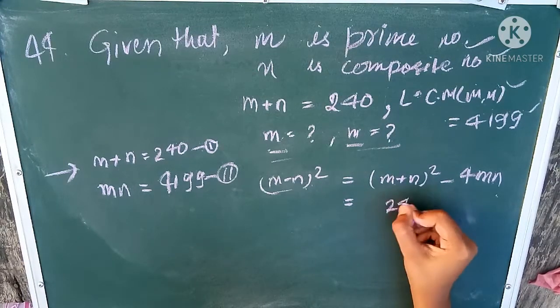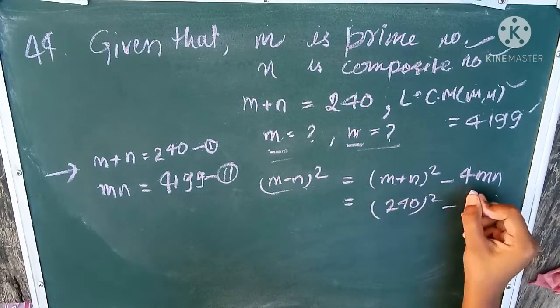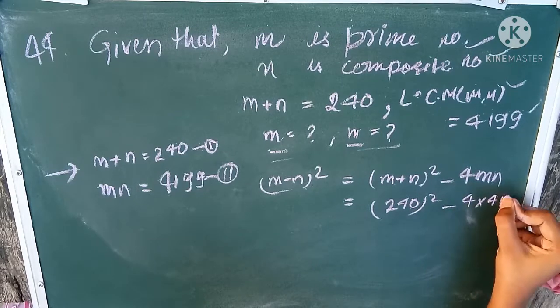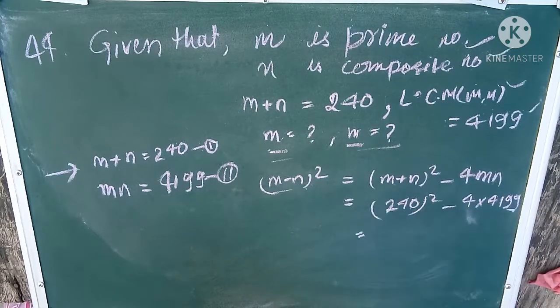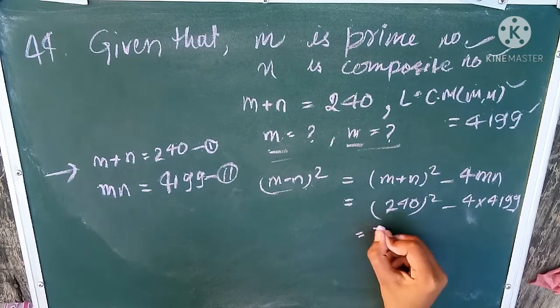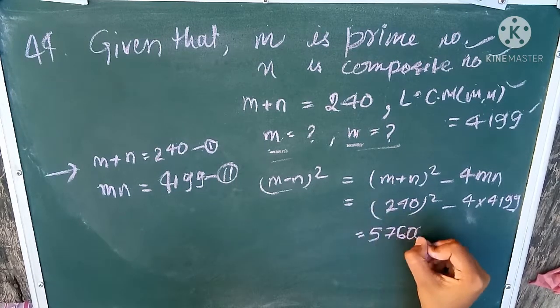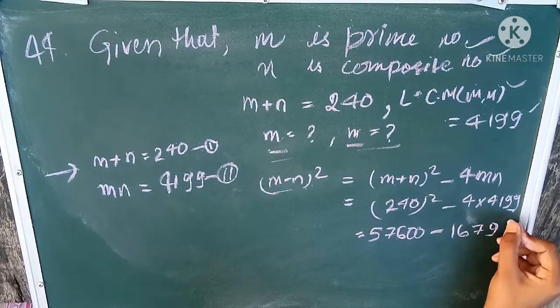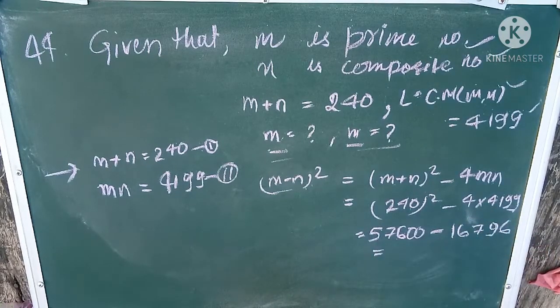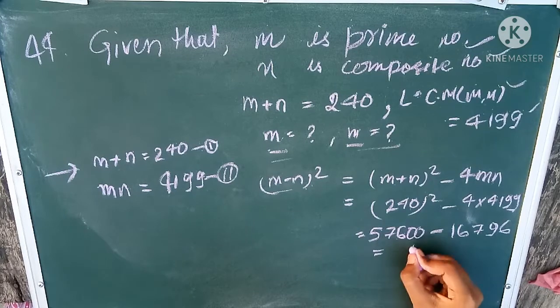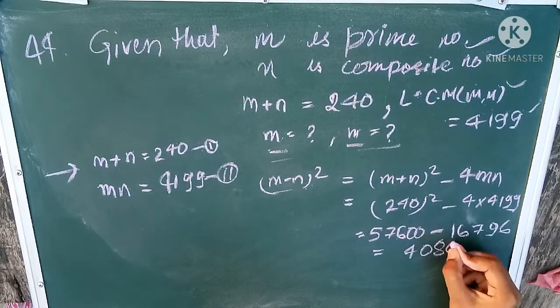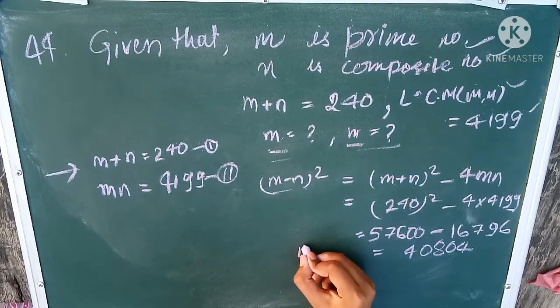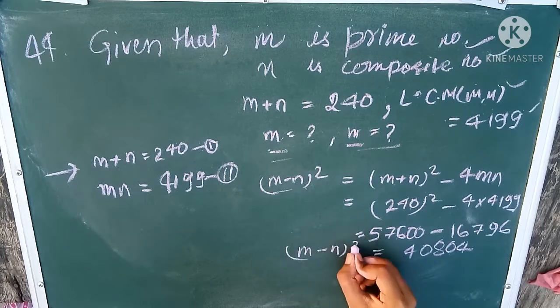We have 240 square minus 4 multiplied by 4199. After solving this, we get 57600 minus 16796, and after the subtraction we get 40804, which is equal to (m minus n) whole square.